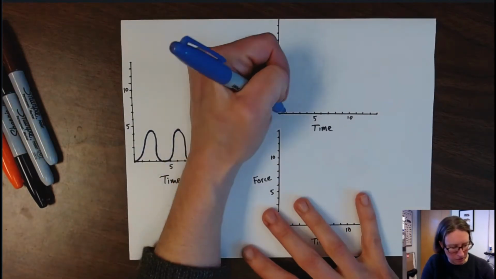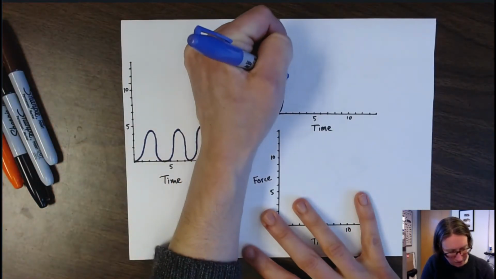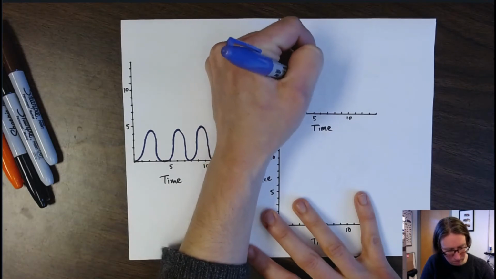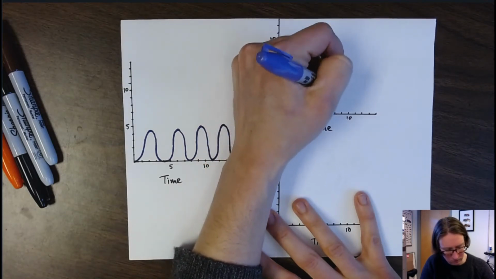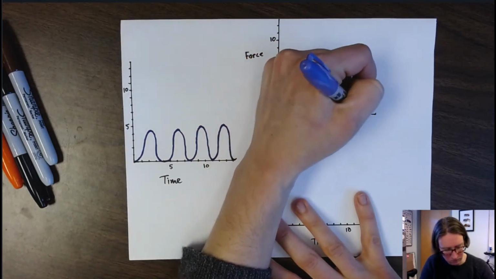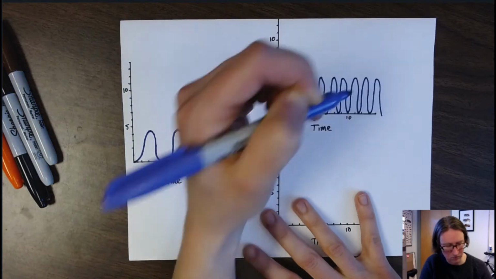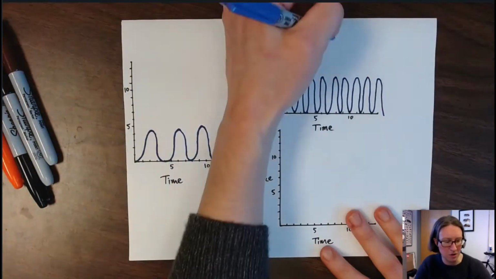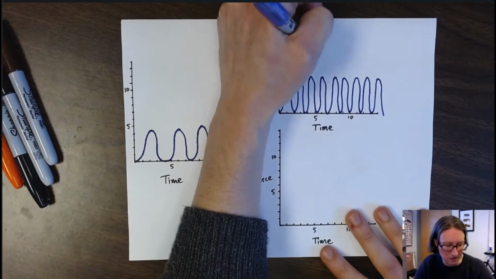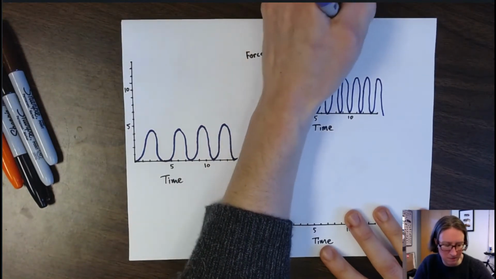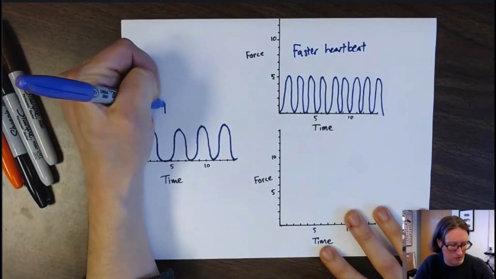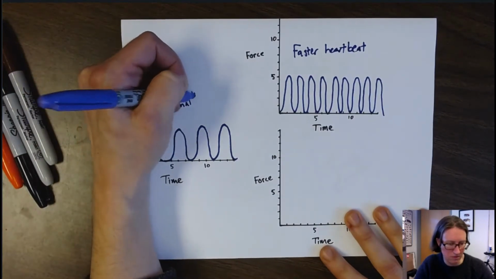But I could also have a pulse rate that might look something like this. Right? So here, this would be a faster heartbeat. It appears normal, quote unquote.